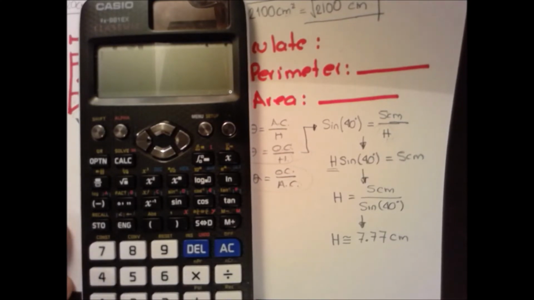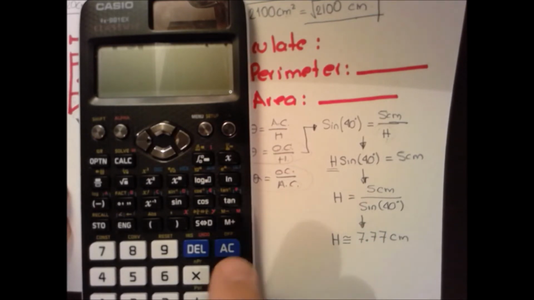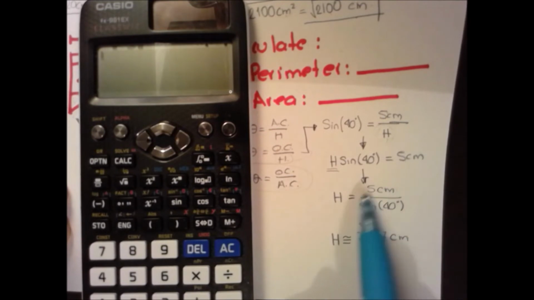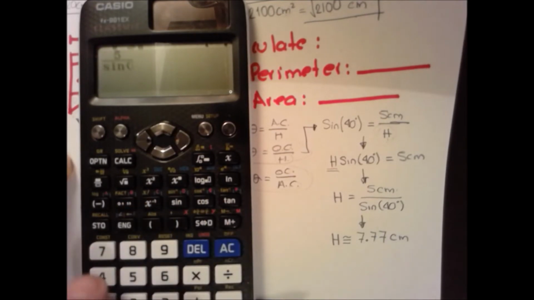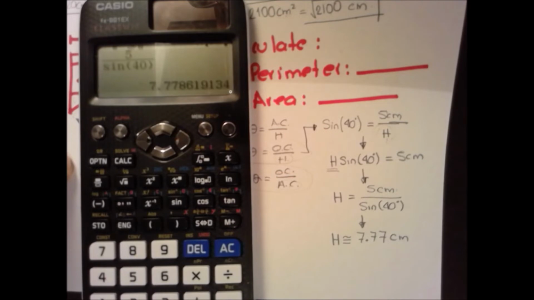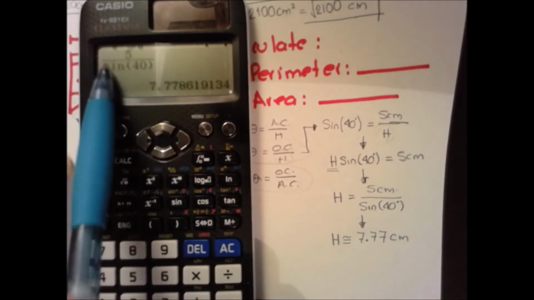You need to pay attention because I'm going to keep using this in other examples. This is a thing that I'm going to use very frequently, and I need you to pay attention. Okay, let's do it again from the beginning. I'm going to type 5 over the sine of 40, and then I'm going to have the operation and the result.